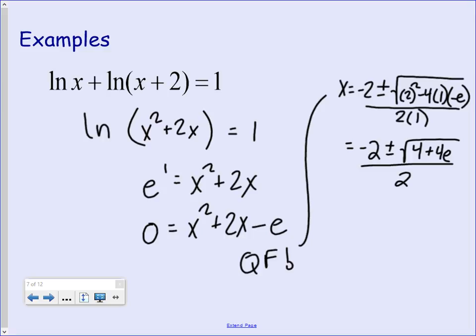Okay, so that comes out to be something like 14.873 underneath the radical. So you have negative 2 plus or minus the square root of 14.873 all over 2. And then you know that you really have 2 answers, right?